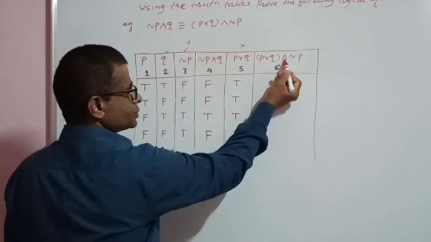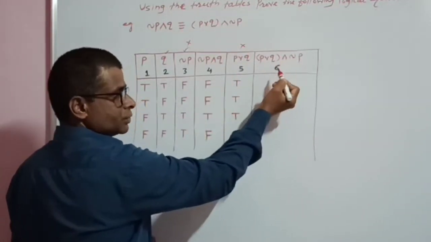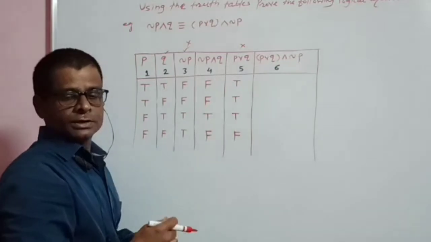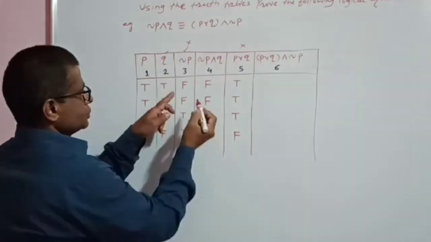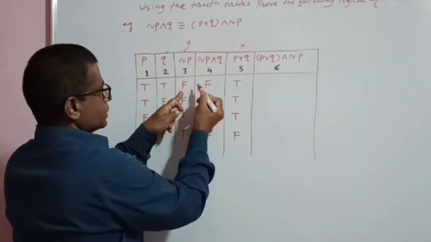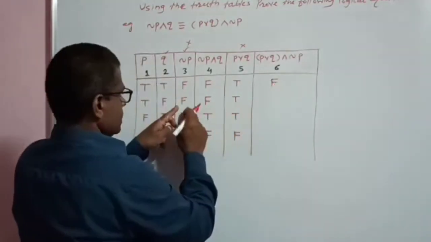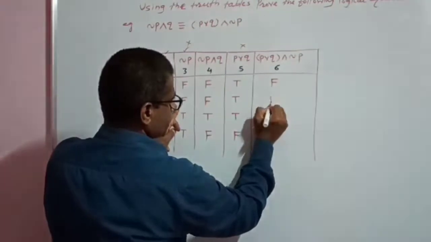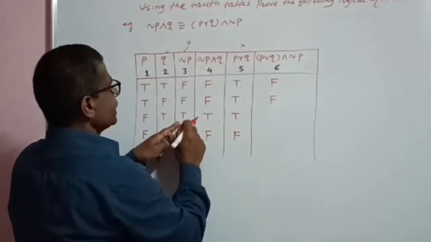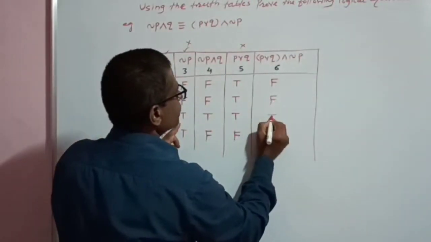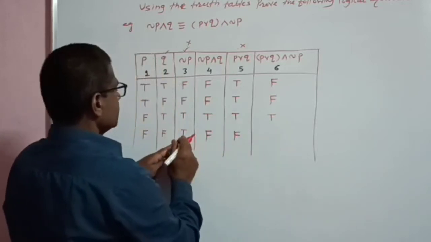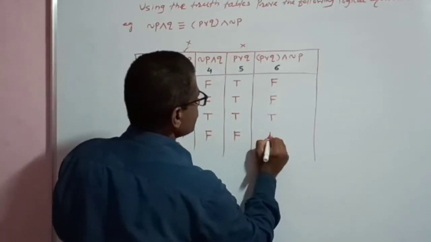The conjunction is true if both are true, and in all other cases it is false. So F conjunction T is F, F conjunction T is F, T conjunction T is T, T conjunction F is F.